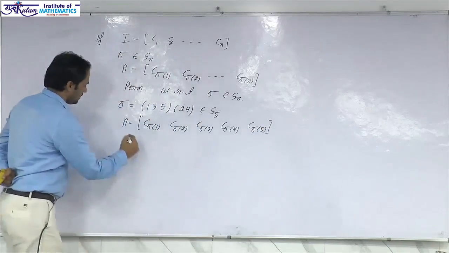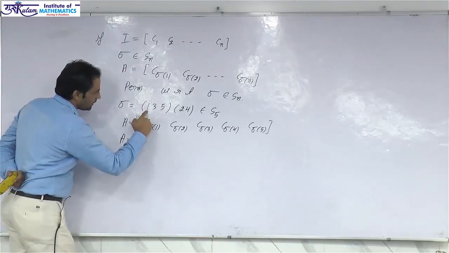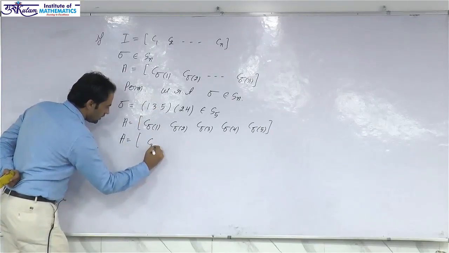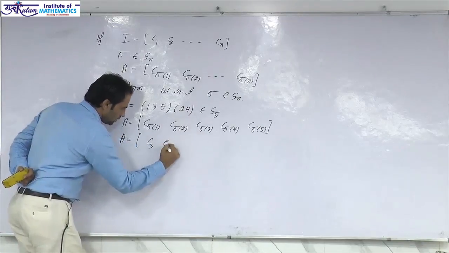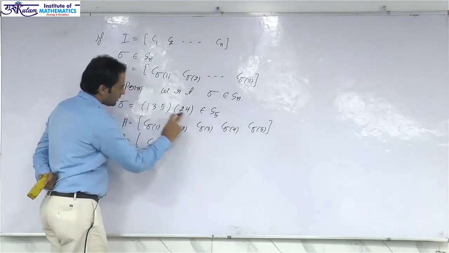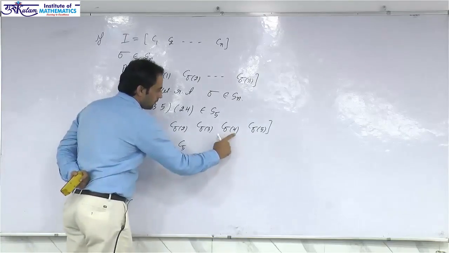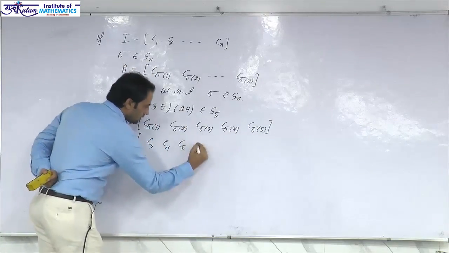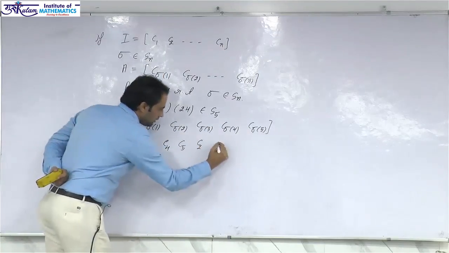That is, the matrix A is C of sigma 1, image of 1 is 3, that is C3, C of sigma 2, that is image of 2 is 4, that is C4, sigma 3 under sigma is 5, that is C5, and sigma 4 is 2, that is C2, and sigma 5 is 1, that is C1.